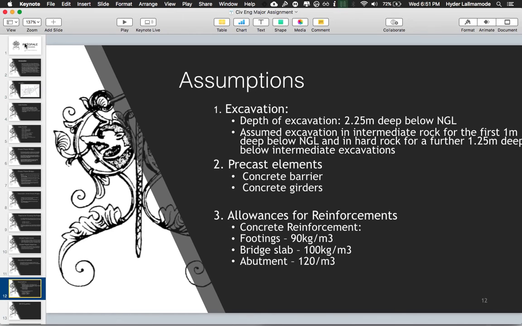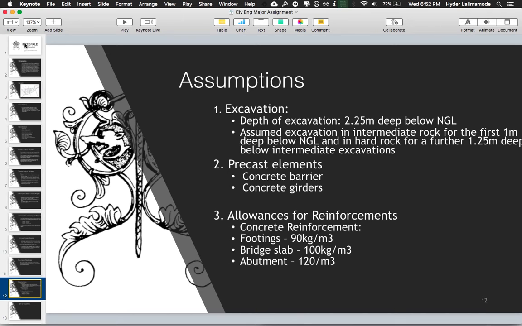The assumptions we made for measurements of the bridges are: firstly, the excavation depth is 2.25 meters deep below the NGL, and we assumed excavation for intermediate rock is the first 1 meter deep below the NGL, and the further 1.2 meter deep is hard rock.